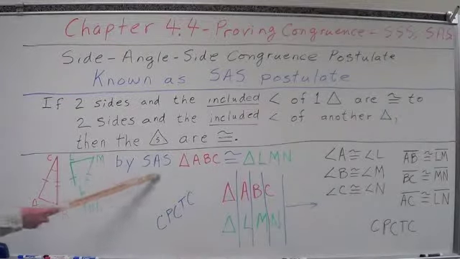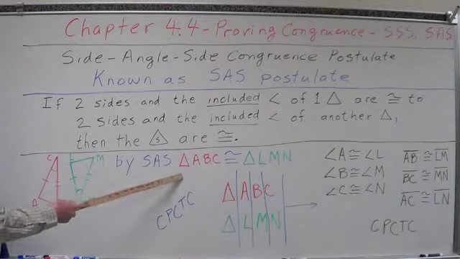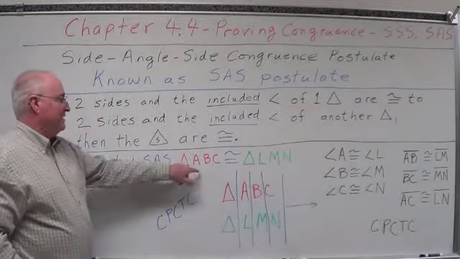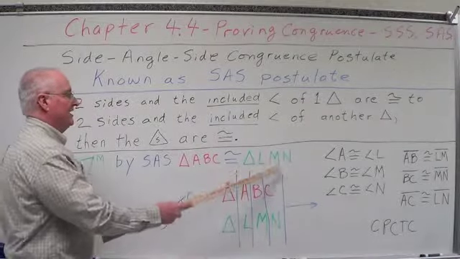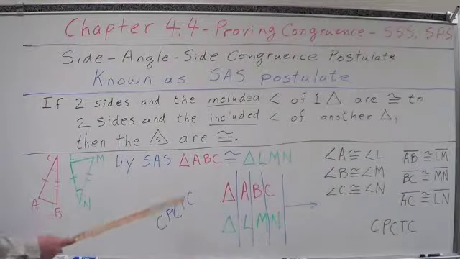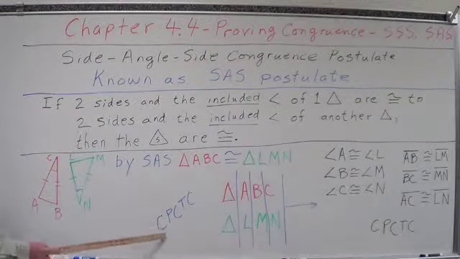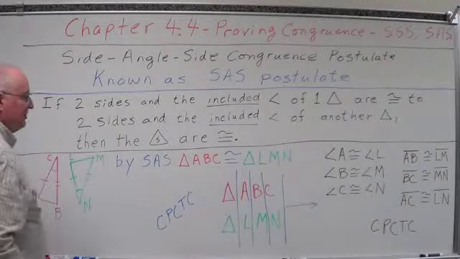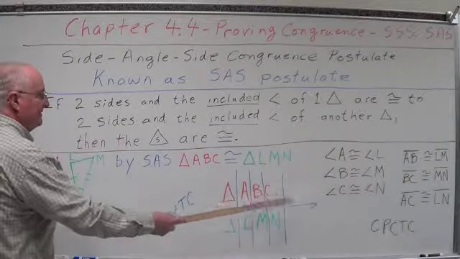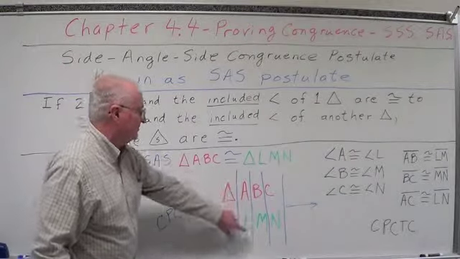By the SAS postulate, having been given this information, we can simply say that triangle ABC is congruent to triangle LMN. Now, in order to get our CPCTC, there's that abbreviation again, we need corresponding parts lined up, triangle ABC over triangle LMN. What points are corresponding?